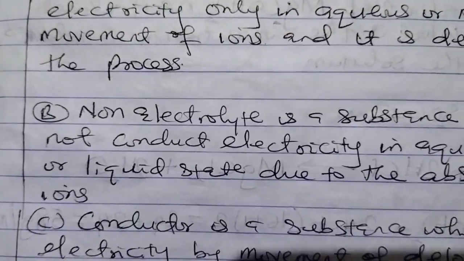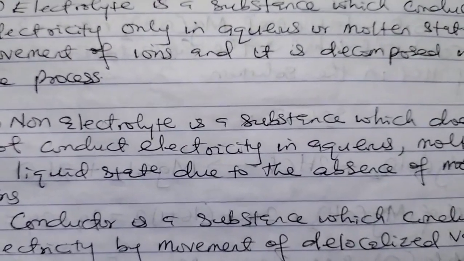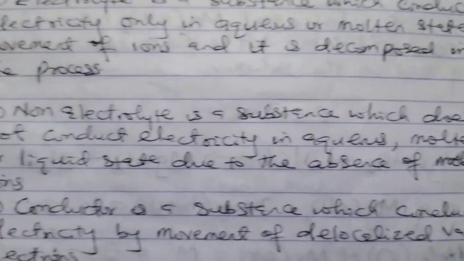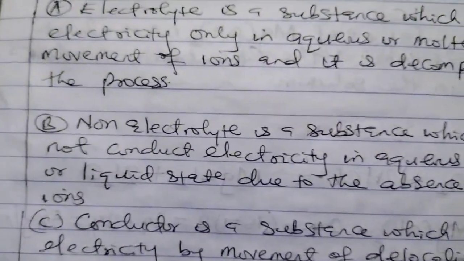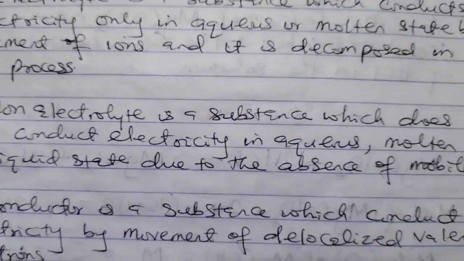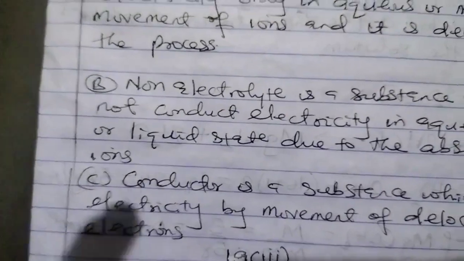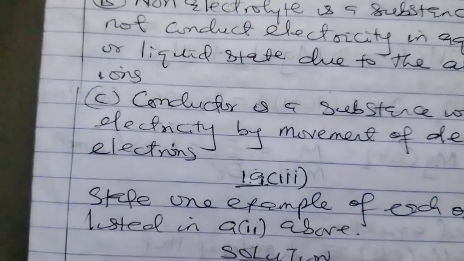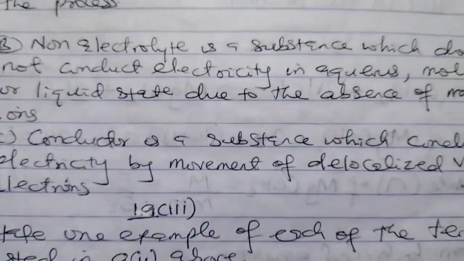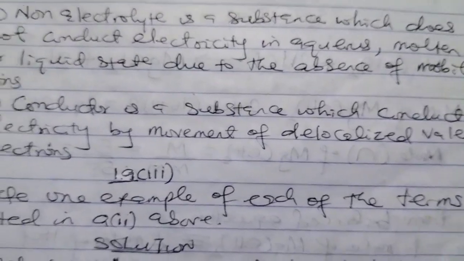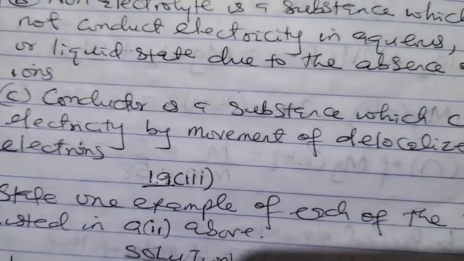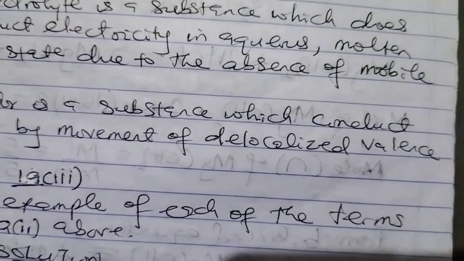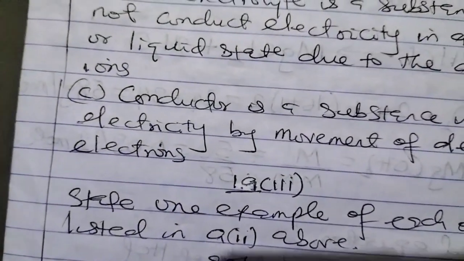Then C, conductor is a substance which conducts electricity by movement of the localized valence electrons.